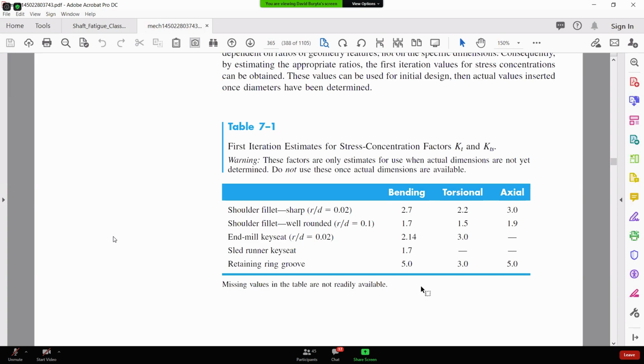Does everyone understand what I mean? Because we need to find Q. So this is not the KF, this is the KT. You need the Q value to convert this to a KF. Any questions about that? Do you understand this, or do I need to explain it more?